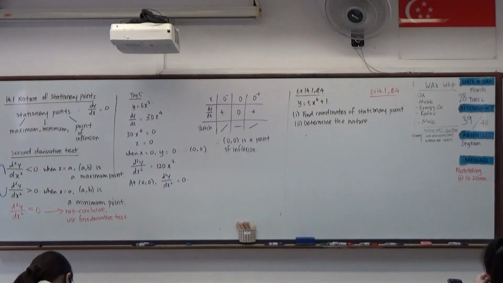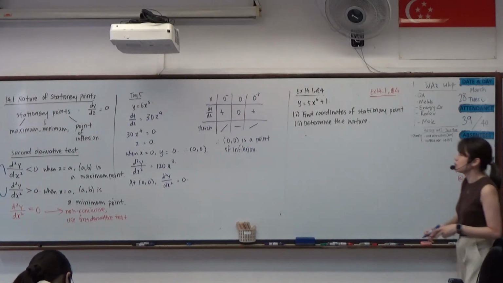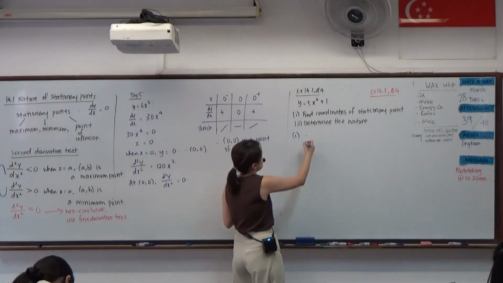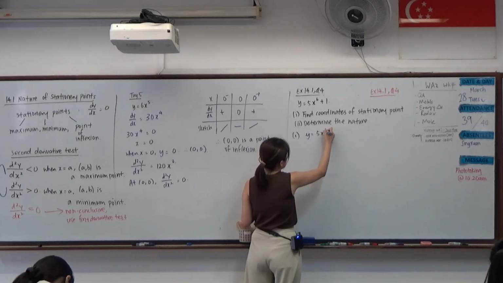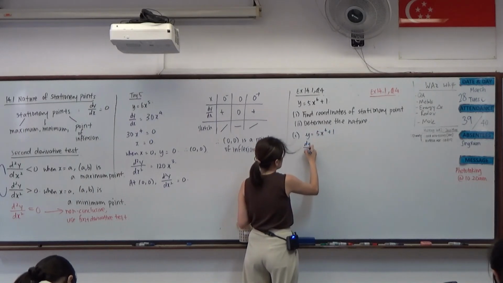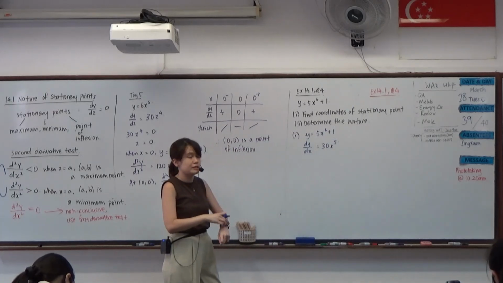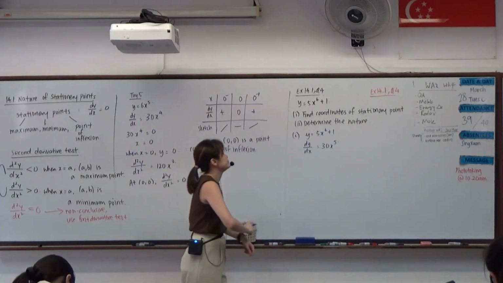This 14.1 question 4, going through the same steps to find out the coordinates of the stationary point first. You will find that your first derivative is 30x to the power of 5.